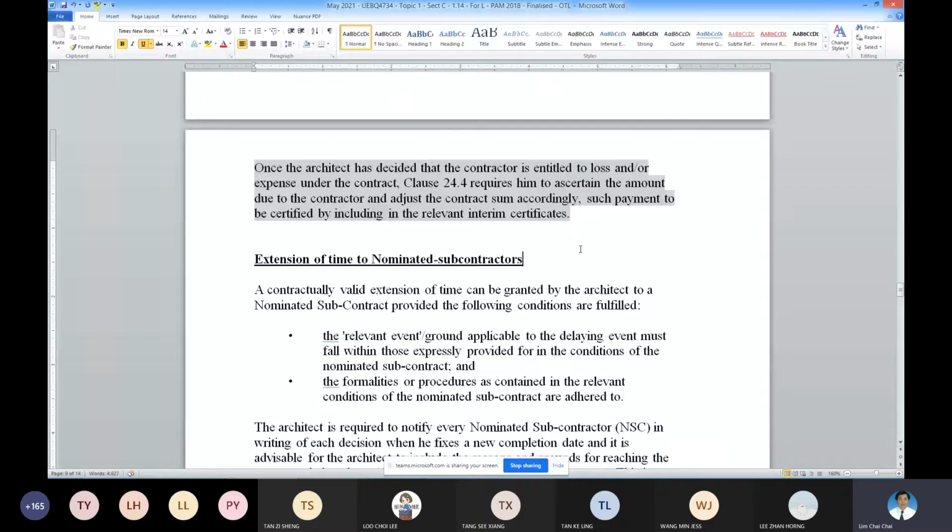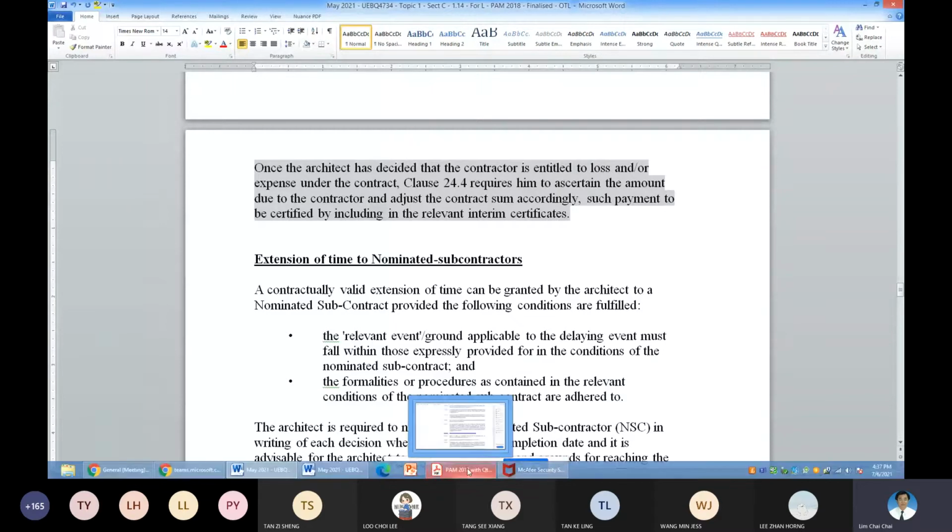You don't go and claim for loss and expense when other clauses are triggered. It may be claimable, but you need to look at it distinctly. So I go back to the clause again. More often than not, it ties back to your extension of time.